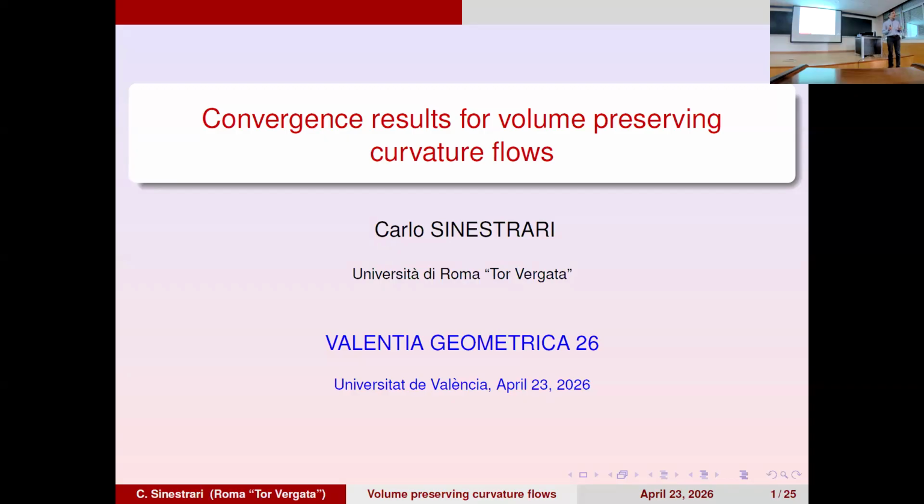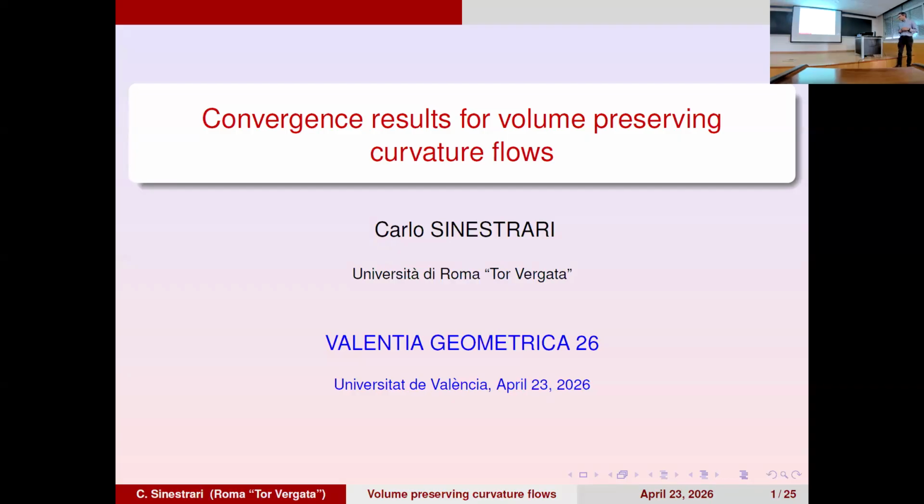The results I will discuss will all deal with convex hypersurfaces becoming round, which is maybe the older problem which was considered in curvature flow. So I will not consider more complicated situations where there are finite time singularities. You have to understand the singularities with asymptotic profile and so on. So it will be convergence of convex hypersurfaces.